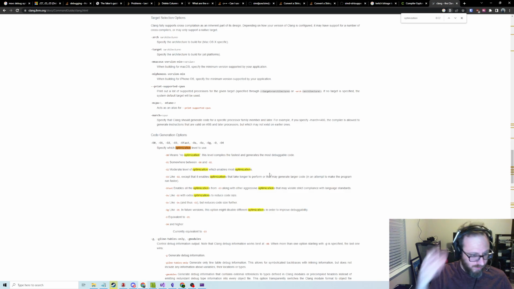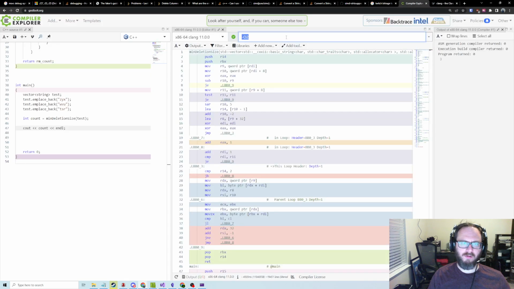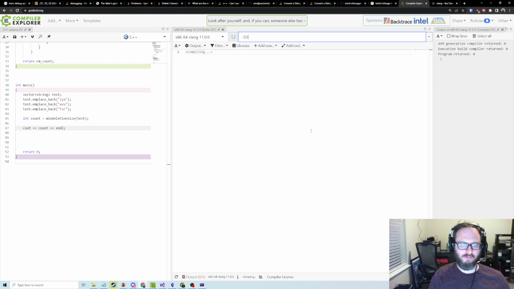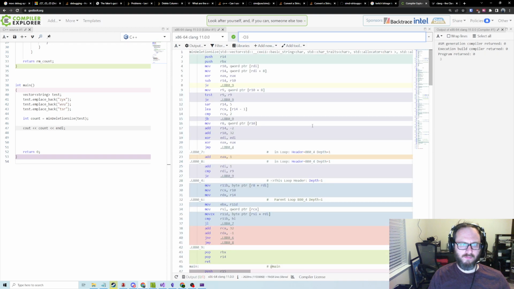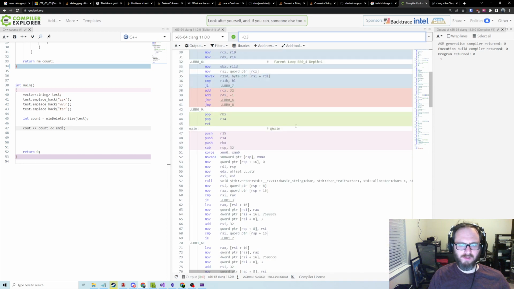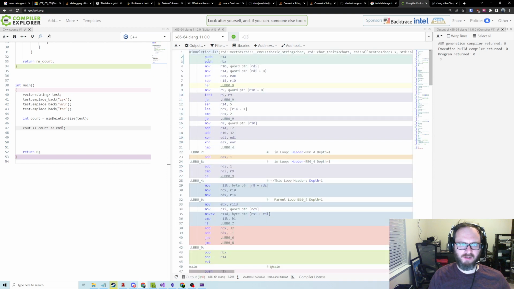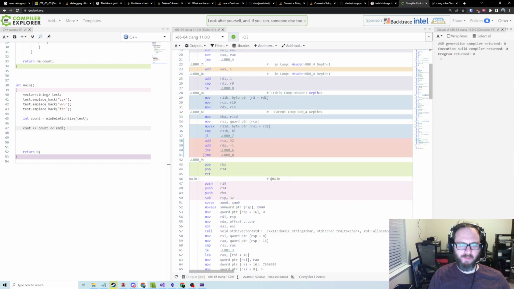So that's not necessarily the most level of optimization. Like, let's do... I wonder if we do O3. I guess what I was looking for was to see that it didn't create this section here. It didn't create the function.